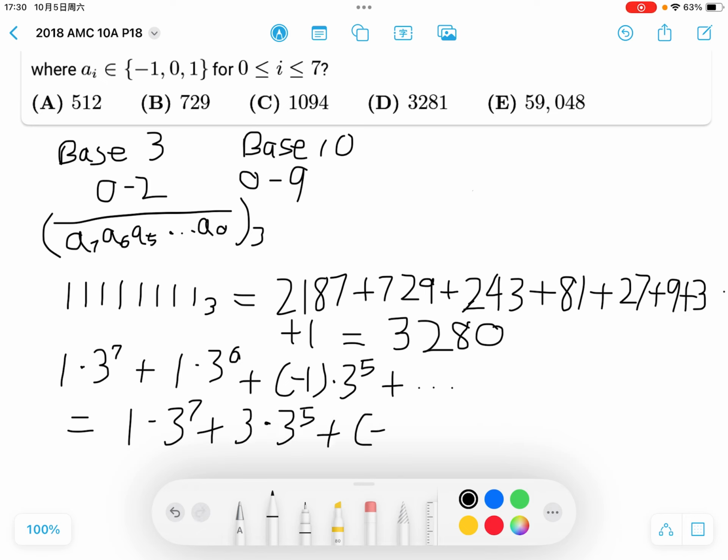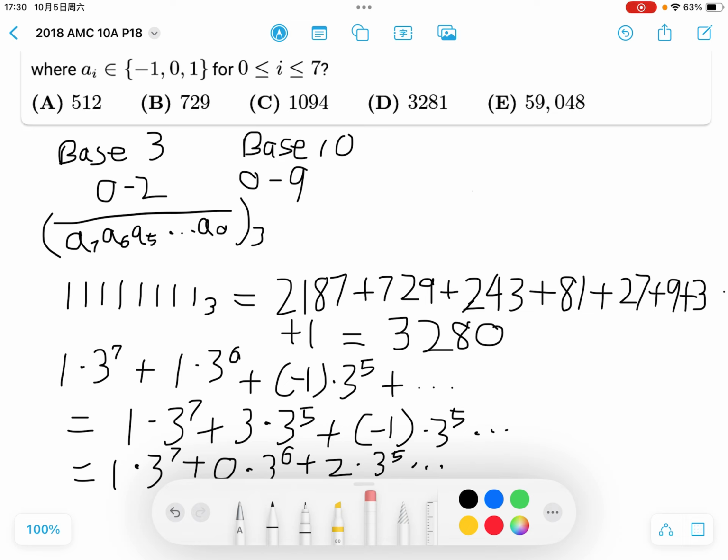When you factor out 3 to the power of 5, what you get is 1 times 3 to the power of 7 plus 0 times 3 to the power of 6 plus 2 times 3 to the power of 5. So this is how you get 2, and you can make all the digits have 2 in this case.